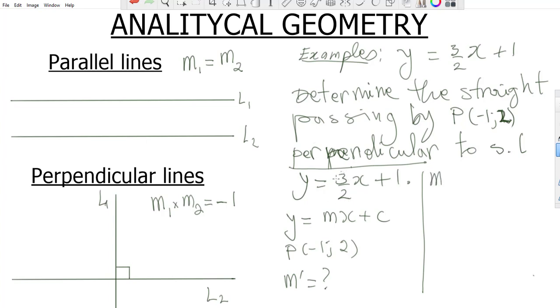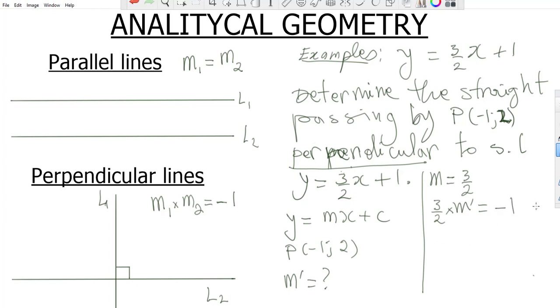Remember, this is the gradient, 3 over 2. To find the second gradient, which is perpendicular, you say 3 over 2 multiplied by this gradient, which is m prime, should be equal to minus 1.